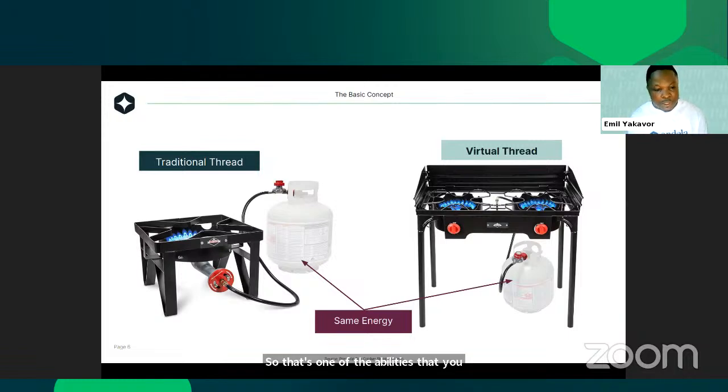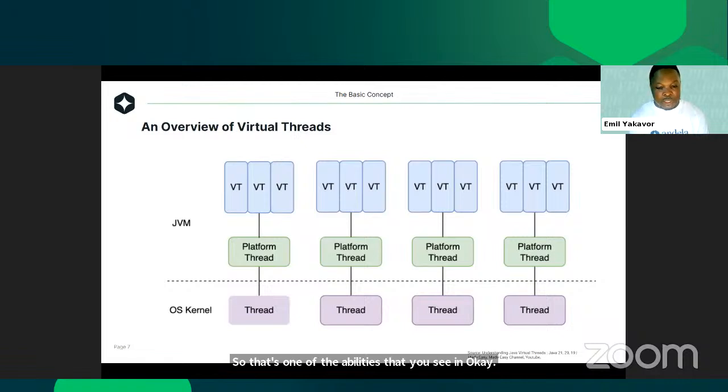Okay, right. So looking at an overview of virtual threads, we can't do this without the hardware, right? Even though it's virtual, it's related to the hardware. From the hardware perspective, we have the OS kernel where the threads are running.